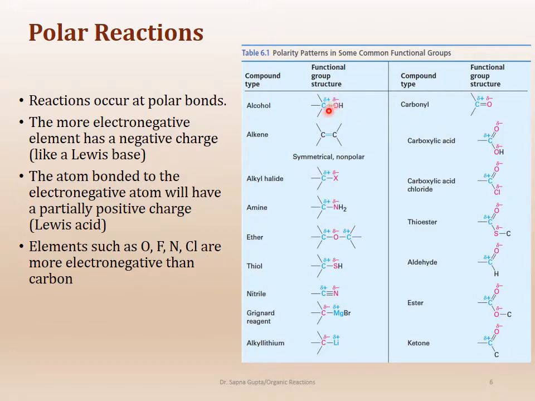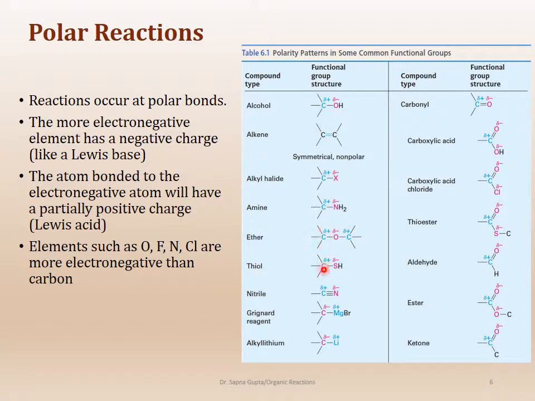Because you don't really see a clear charge separation. You will see a delta positive and a delta negative. That tells you that this bond is a polar bond, and that is because of electronegativity. So wherever you see this kind of a polar bond, that's where you know that you have a positive center and a negative center. So when you start drawing arrows, you know where to start from and where to end, okay, your arrow. That's an important part.